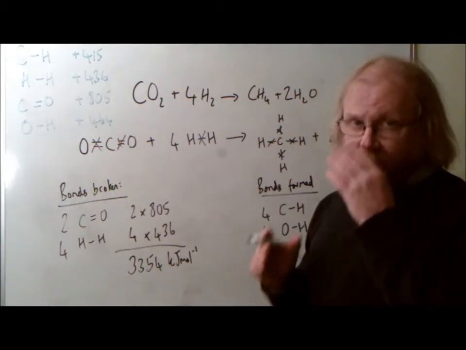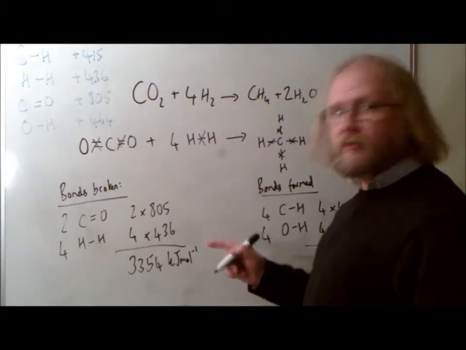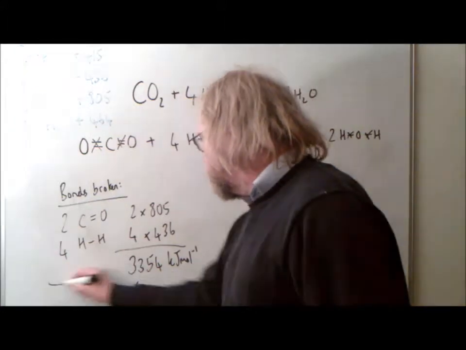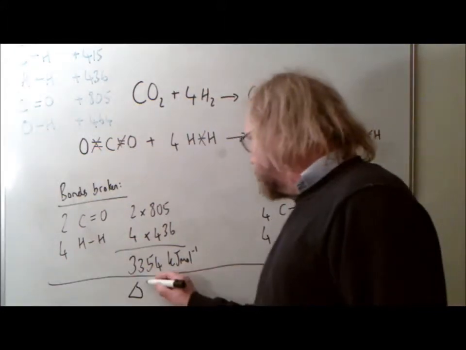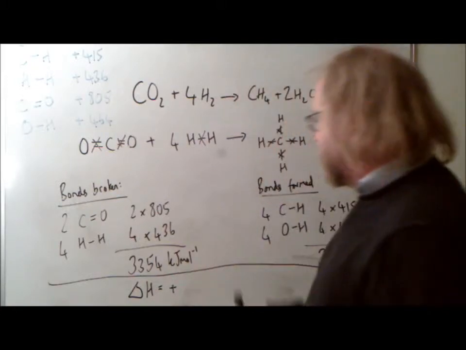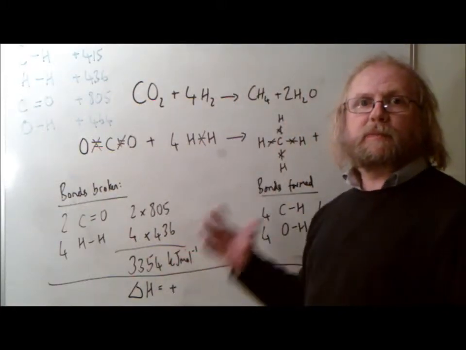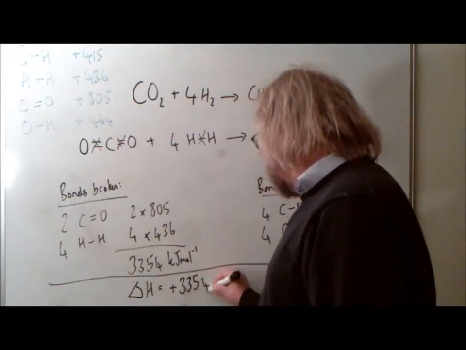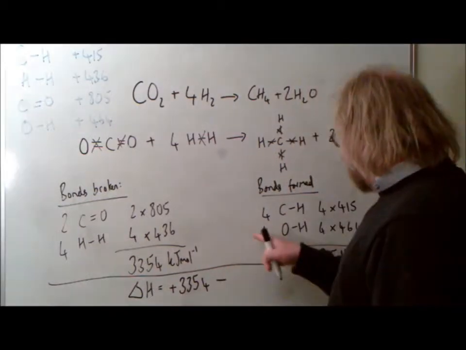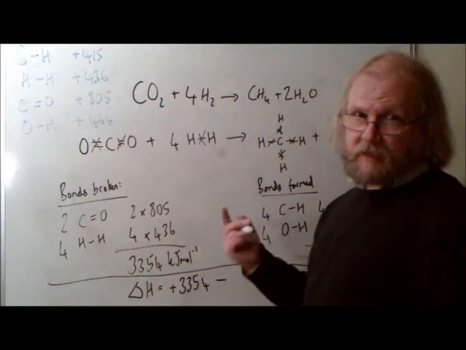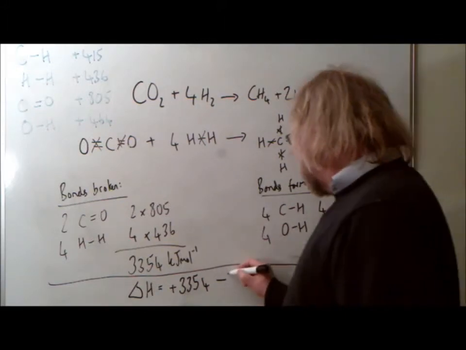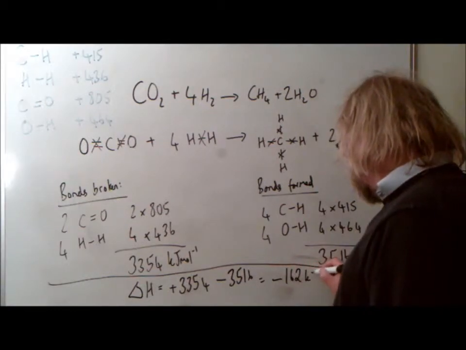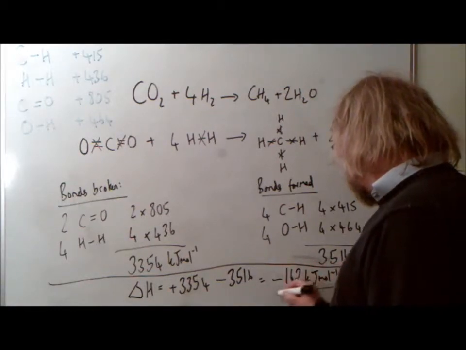If you've got that basic principle sorted out in your head, then you know what to do, which is that you say, right, delta H is equal to plus the number for the bonds broken, because it's endothermic breaking those bonds, so positive delta H contribution, so plus 3354, and then it will be minus these bonds that are formed, because that much energy is given out, so minus 3516, which is minus 162 kilojoules per mole, is the right answer.